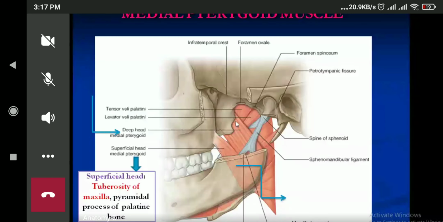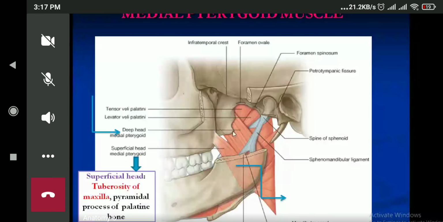Next, what will be the origin of the deep head? Where does it arise from? Look, which plate is this? This is the lateral pterygoid plate. Which surface is this, the medial or the lateral one? The surface from which the muscle arises is the medial surface.